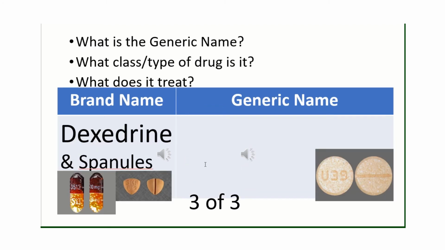What is the generic name for Dexedrine and Dexedrine Spansules? What type of drug is Dexedrine and Dexedrine Spansules? What does Dexedrine and Dexedrine Spansules treat?